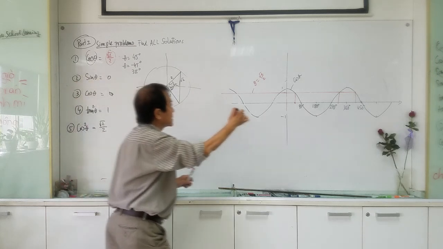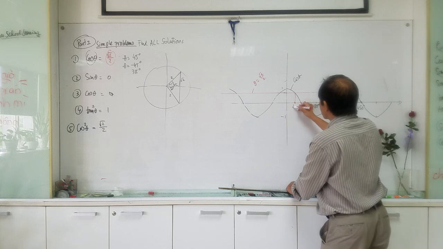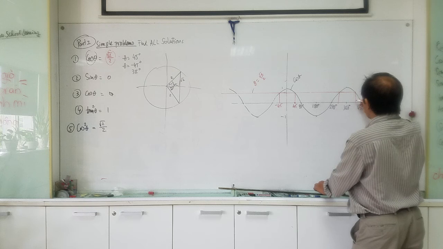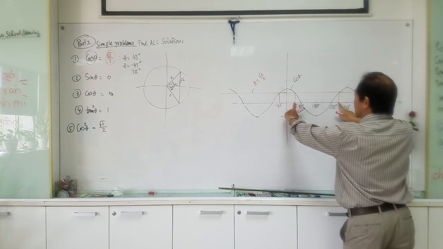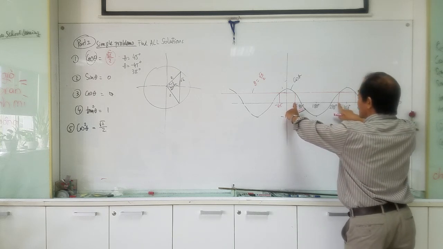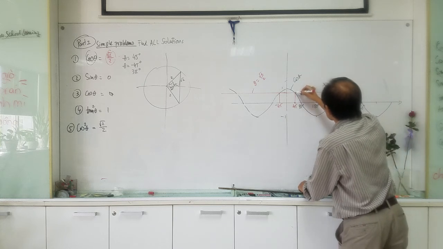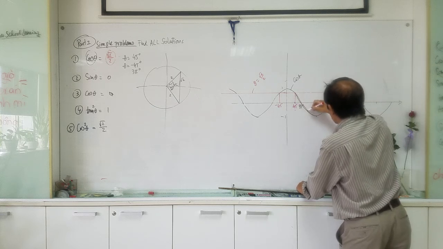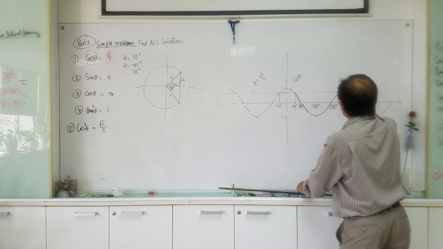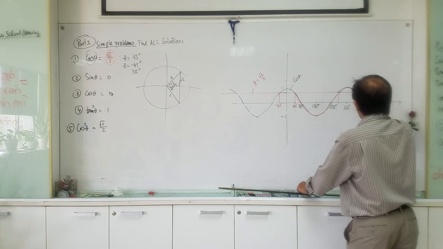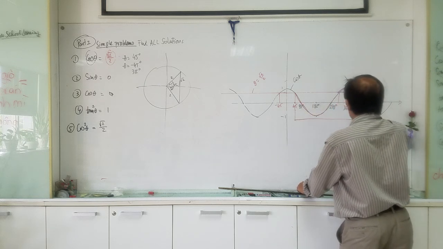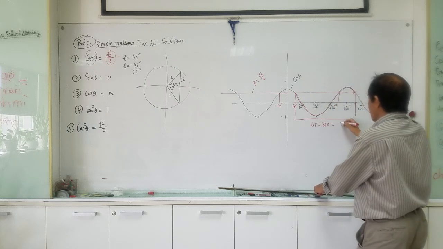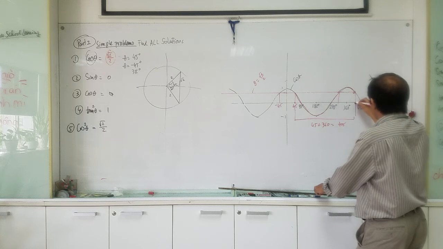This one should be 45, this should be negative 45, and when you add 360 degrees, you get the next one. That's why we compare it to this one period right here. So 45 plus 360 equals 405.